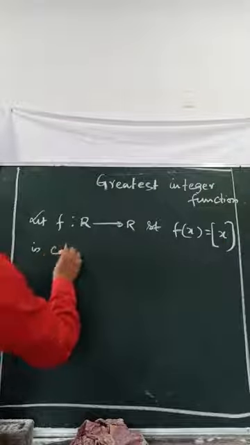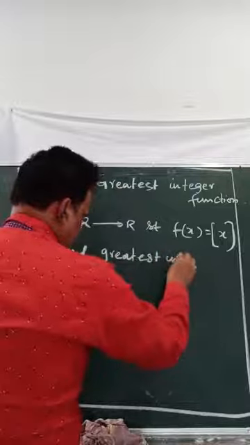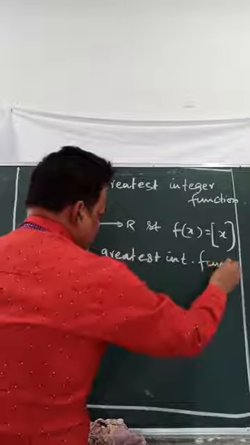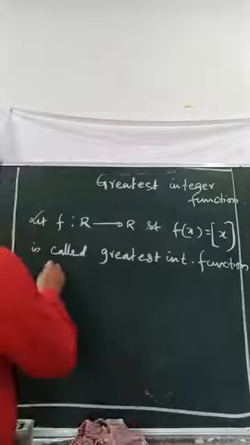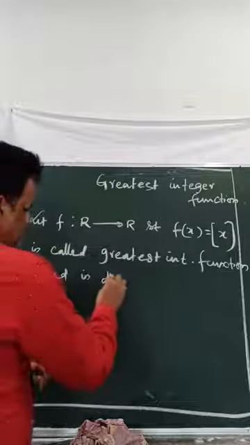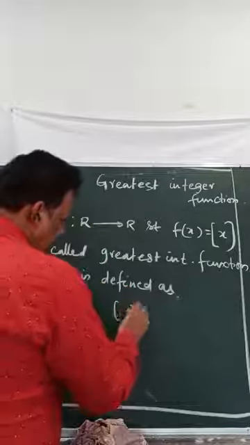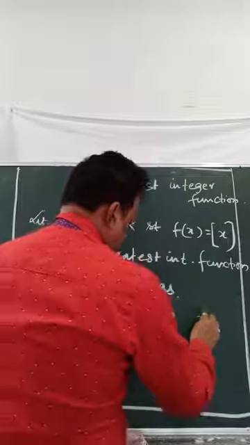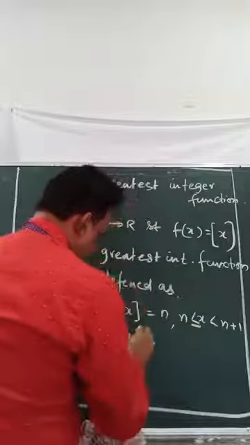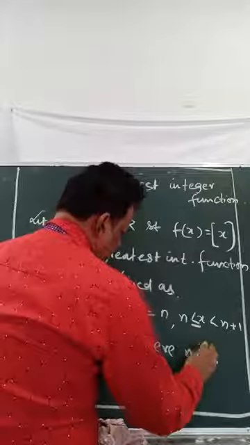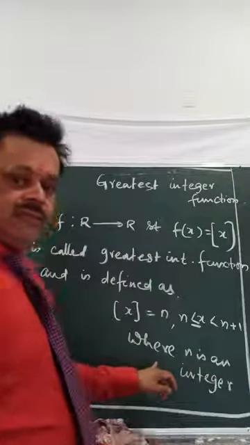The greatest integer function is defined as box of x equals n, where x lies between n and n plus 1, where n is an integer.